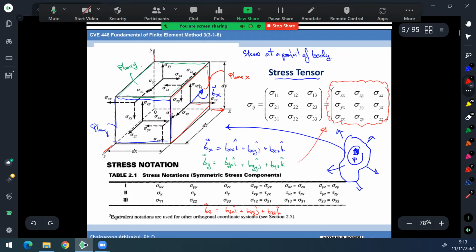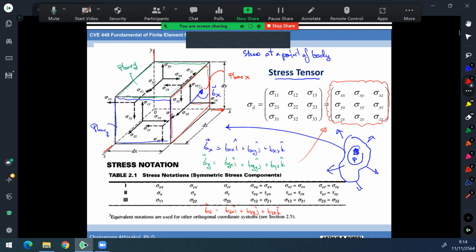For example, the stress tensor is a second order tensor. If we are talking about a vector, it is a first order tensor. If we are talking about a scalar, it is a zero order tensor. But the stress tensor is a second order tensor. This is in mathematics.